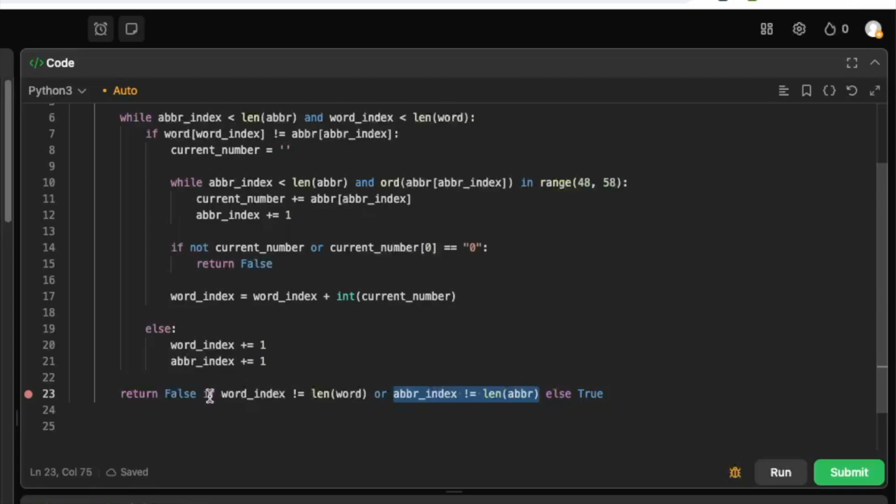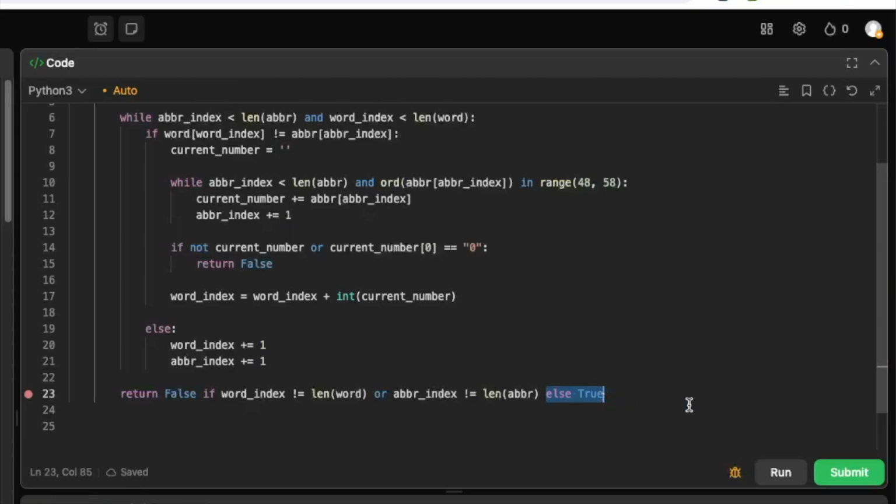And remember, we want to end with both with the index right after the end. So say if the length of our word is 10, we want to end at 10 plus 1. If the length of abbreviation is 5, we want to end at 5 plus 1. So we're checking for the exact length here. And if we don't hit any of these cases, we just return true.